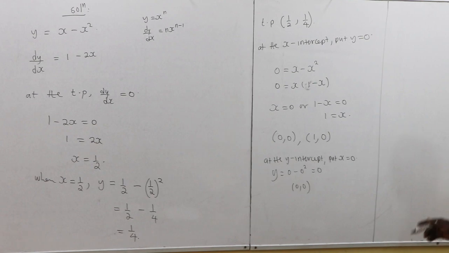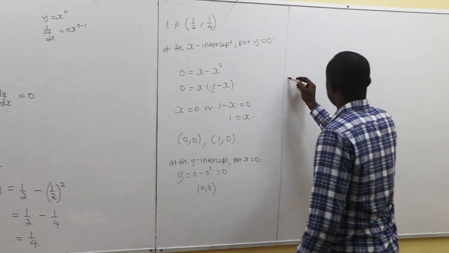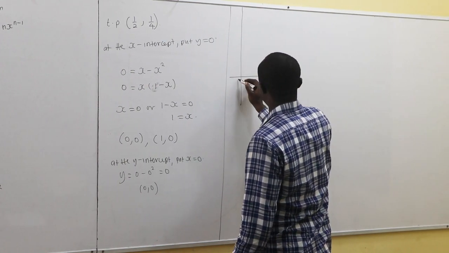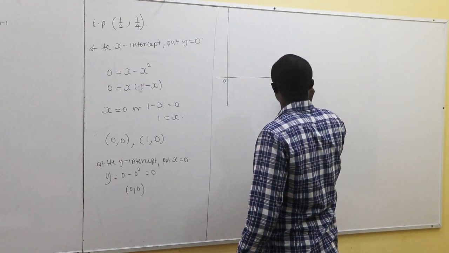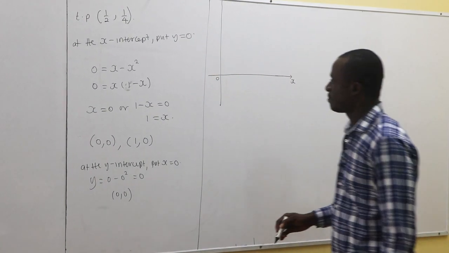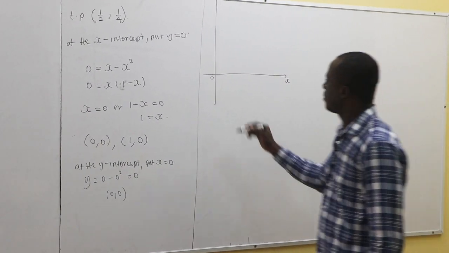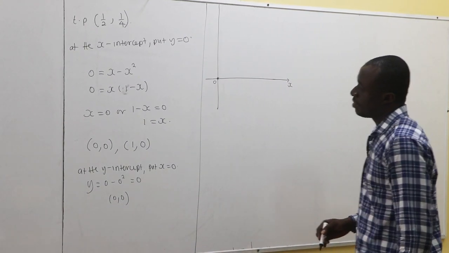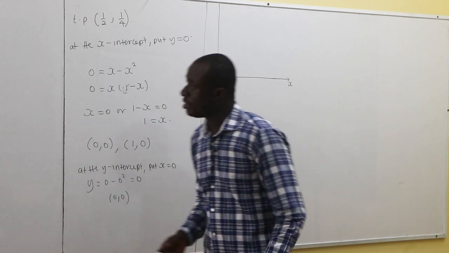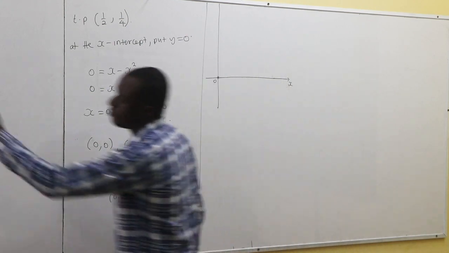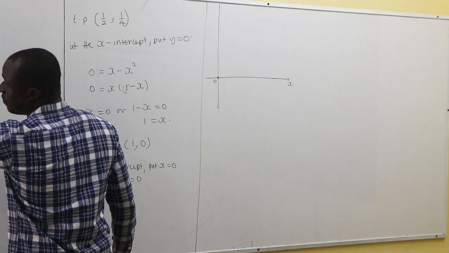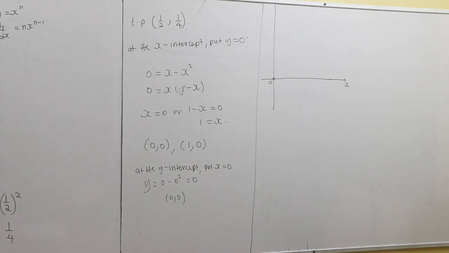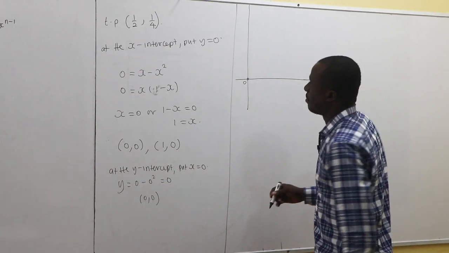Now, when we sketch this, let's suppose this is our x-axis. When we differentiate dy/dx again, we get negative 2, and clearly this will be a maximum curve.